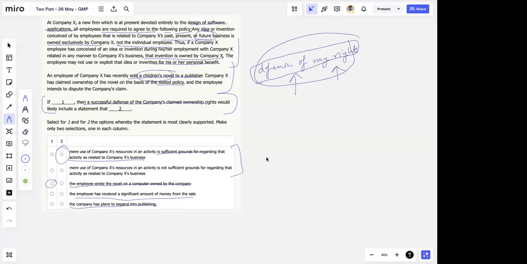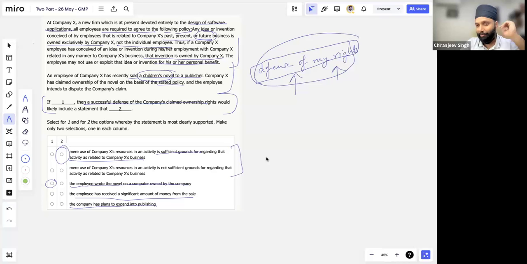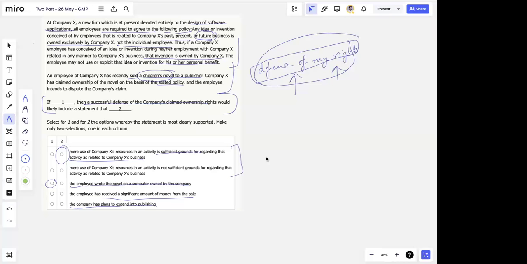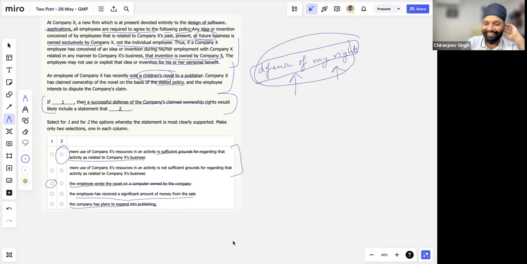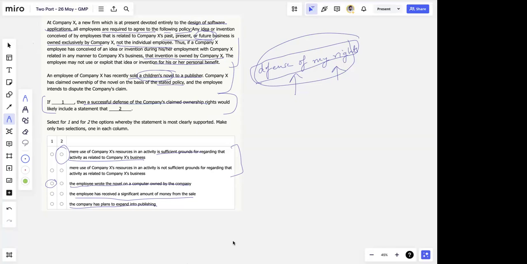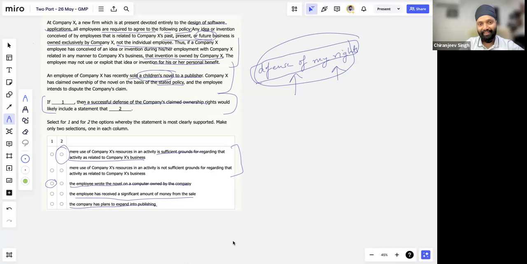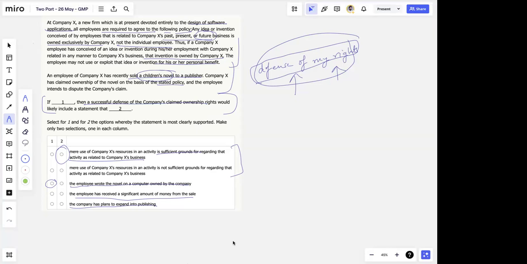So I marked this first. That's fine, and after that? After that I was thinking nothing else is happening now. So I felt that E is fine. I made up my mind that E is fine because expanding into publishing and future businesses are correlated. So I selected E and then marked the second part as A.